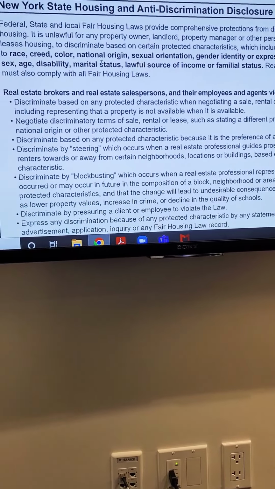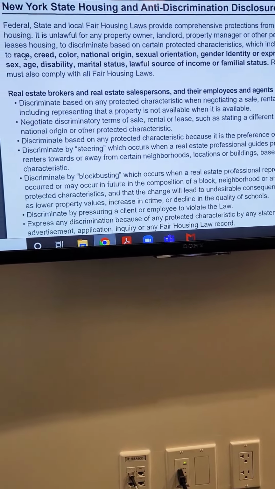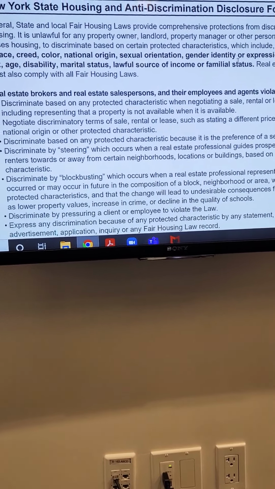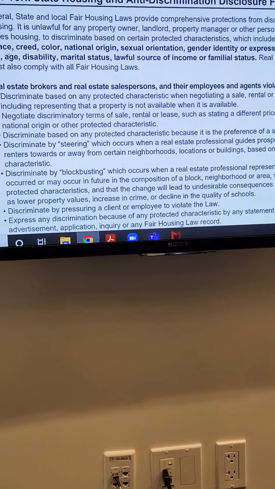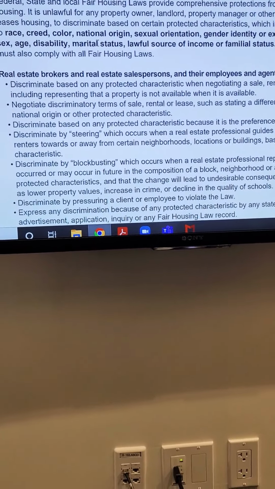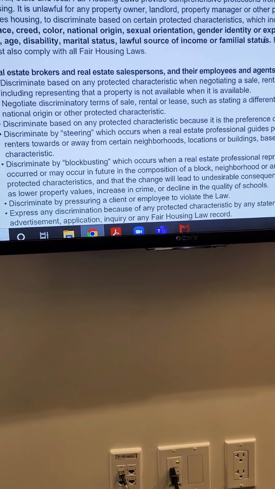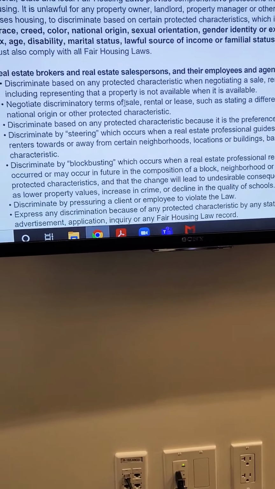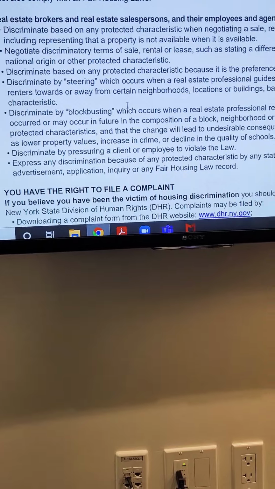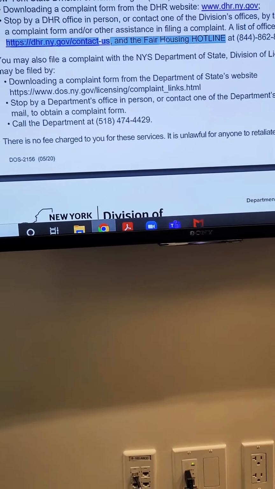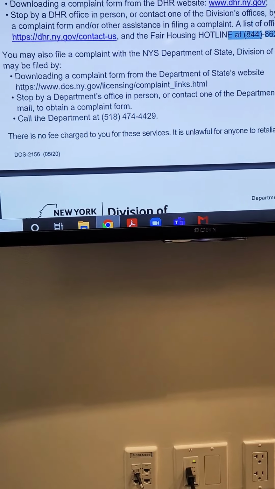We are required by law to not discriminate on race, creed, color, national origin, sexual orientation, gender identity or expression, military status, sex, age, disability, marital status, or lawful source of income or familial status. We must comply with all fair housing laws. And if you're doing it wrong, a potential client could call that number and report that.